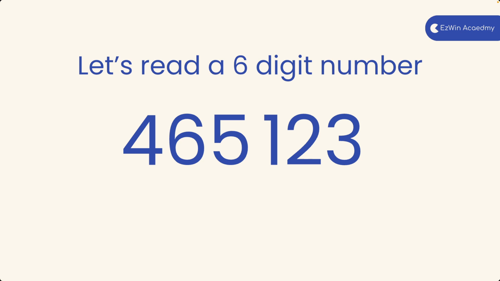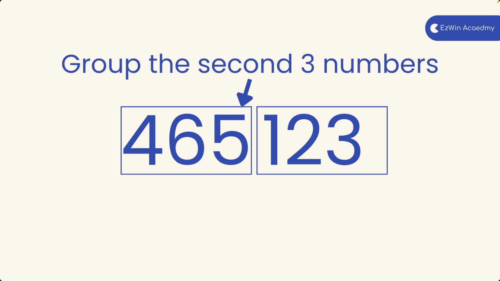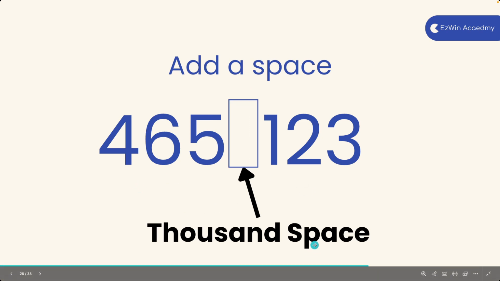That's a pretty easy win right there as well. Now, let's move another level, which is to read a 6-digit number. And it's the same thing. We need to group the numbers in threes. So we group the first 3 numbers, which is 1, 2, and 3, and the second group, which is 4, 6, and 5. And remember, if we group them up, there is always a space. The space in between 4, 6, 5, and 1, 2, 3 is the thousand space.